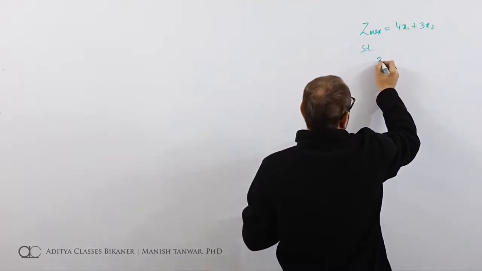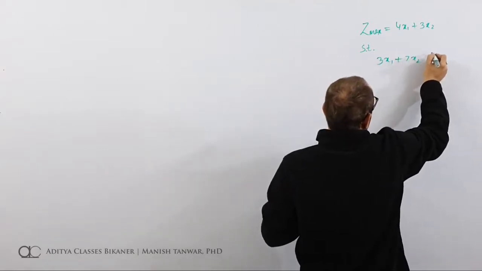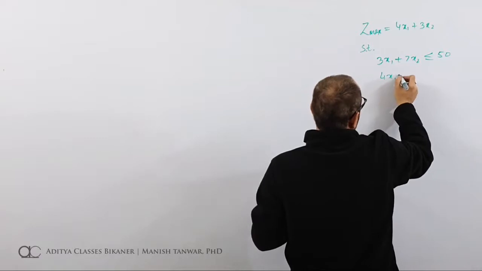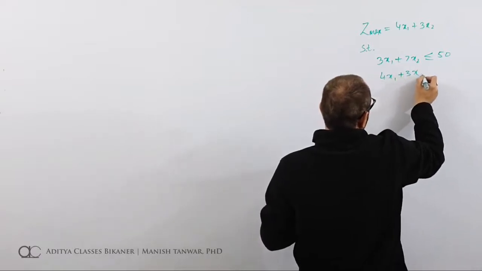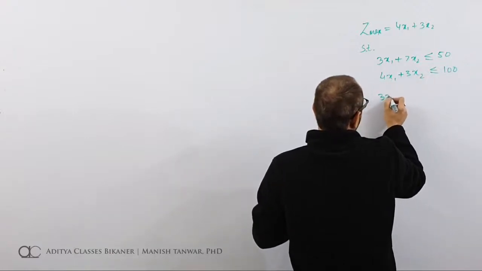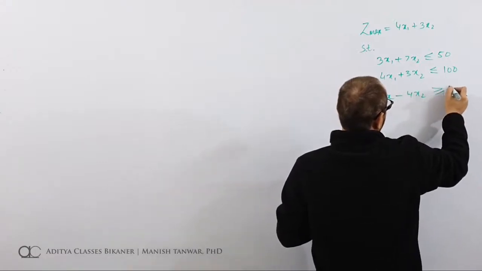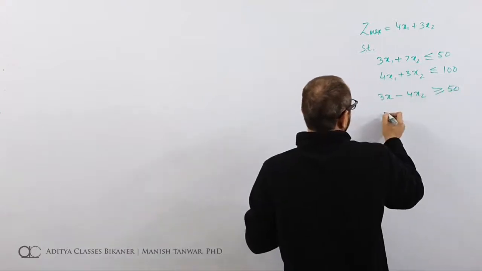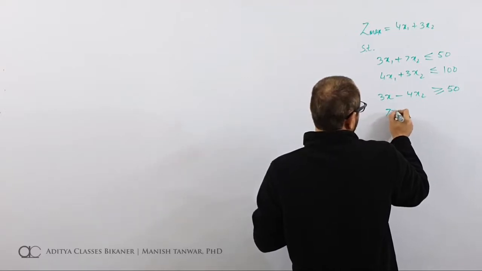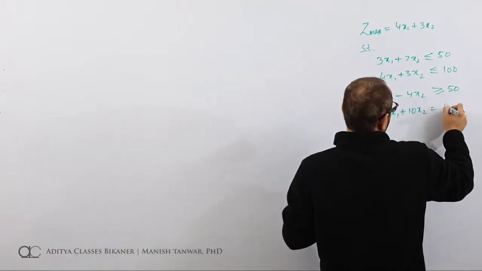The constraints are 3x1 plus 7x2 less than or equal to 50, 4x1 plus 3x2 less than or equal to 100, 3x1 minus 4x2 greater than 50, and another constraint, 7x1 plus 10x2 is equal to 100.